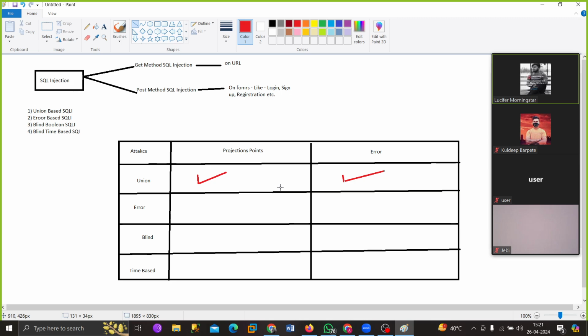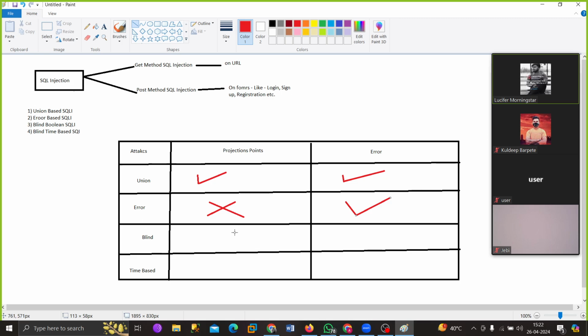If both are there, still you can perform union. But the suggestion is that if the projection is not there and the error is there, then you should go for error based SQL injection.